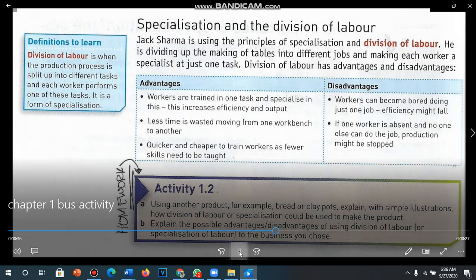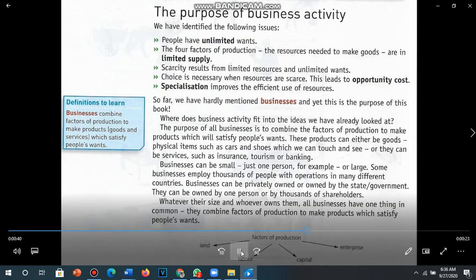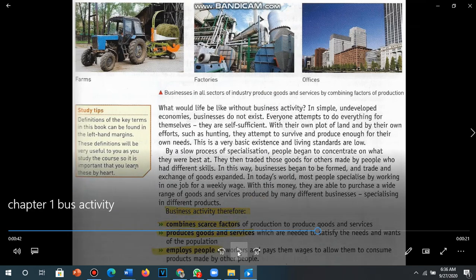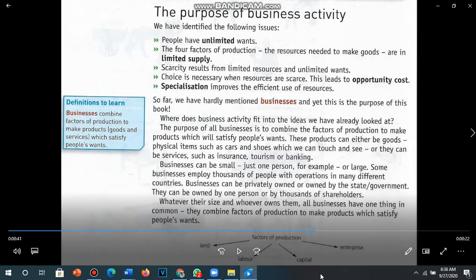All right, so the next topic is about the purpose of business activity. Let's go back to it a little bit here. We have identified the following issues in the past. People have unlimited wants. We know the four factors of production.